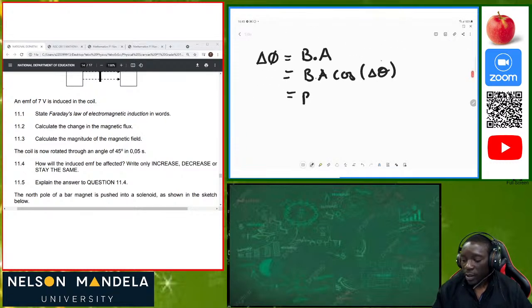So we have B, which we don't know, but A, we're told that the sides are 3 centimeters. So that's 0.03 squared. That's the cross-sectional area, and it is the one that sweeps across the field lines. The swept angle is 45 degrees during that time.